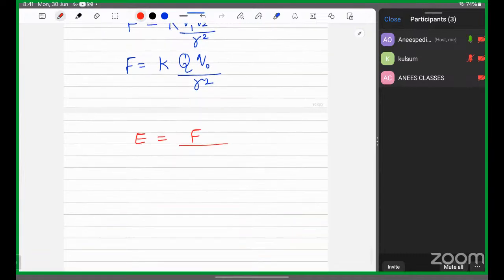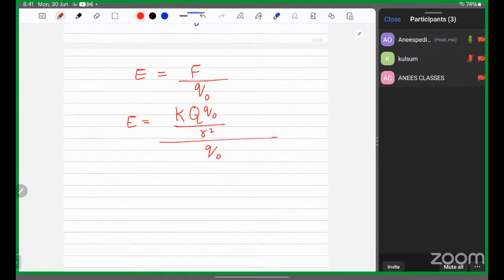So this will be F divided by Q naught. Now, if you put the value of F as K Q Q naught by R square, the Q naught factor will cancel out, and you will get the formula of electric field intensity, which is equal to K Q by R square.